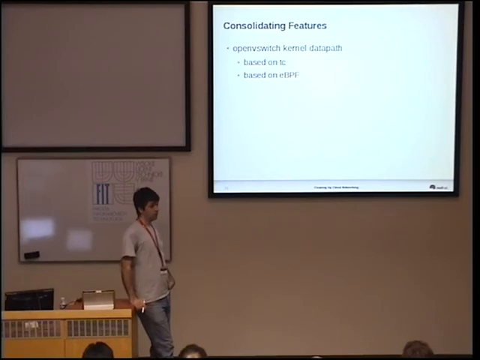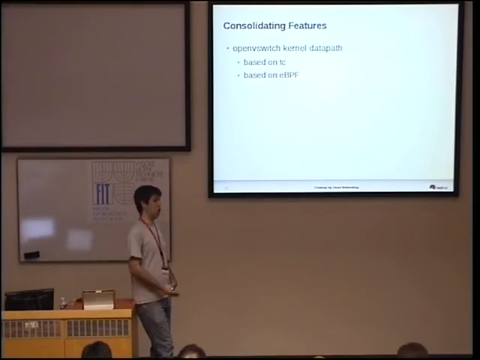And actually, if we think about it, we can replace the whole kernel data path of Open vSwitch with something different, something more powerful. For example, with something based solely on TC. That's possible.